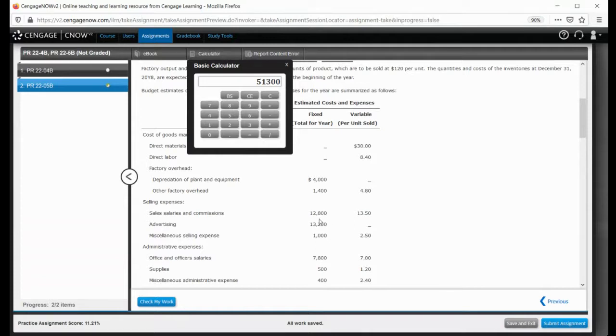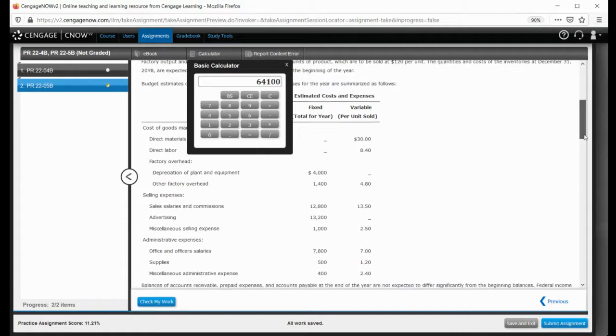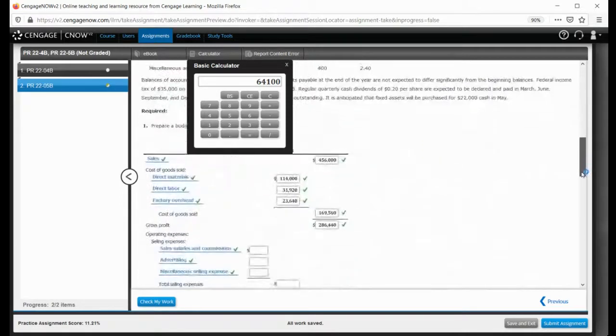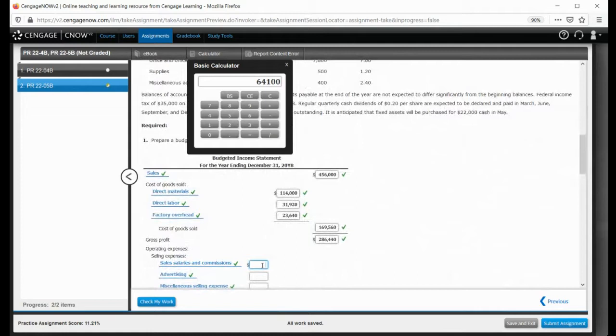So this 12,800 is your sales salaries portion. That's the fixed portion, and we're going to add that to the 51,350. And so your total expenses for your sales salaries and commissions is 64,100.